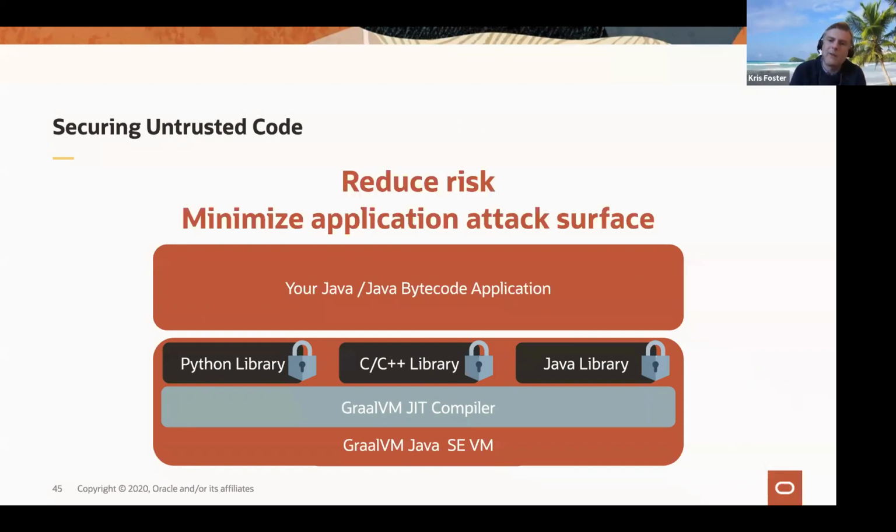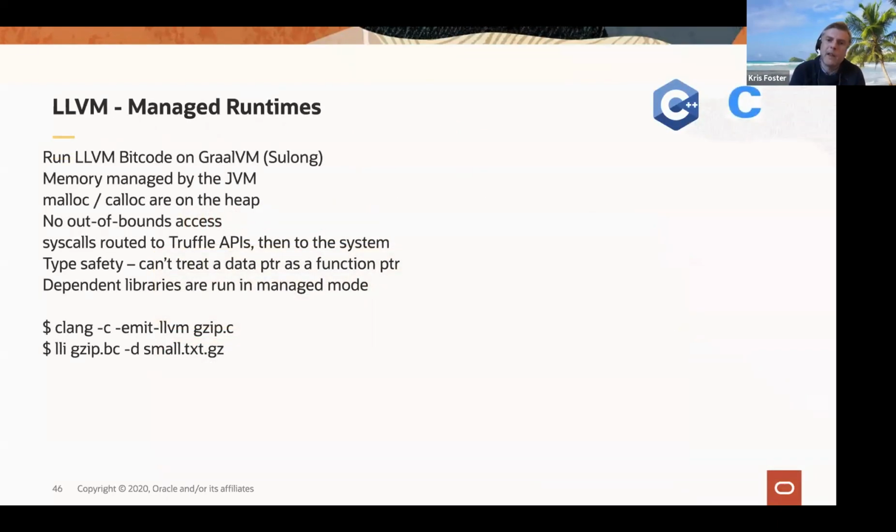Another aspect of security is the LLVM managed runtimes, the managed execution. As I said earlier, if you compile your C or C++ with Clang and produce LLVM bitcode, like the little code snippet down below, this can be loaded by Graal, and the memory can be managed by GraalVM.